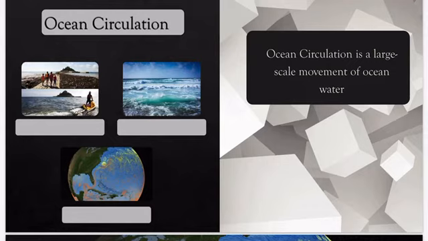In generic terms, it is a large scale movement of ocean water. It is a very generic definition because the word itself is very generic. We are not talking about anything specific. When it comes to ocean circulation, we have 3 different types: tides, waves, and ocean currents.